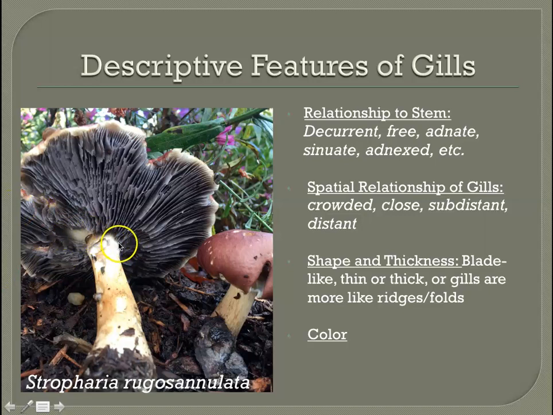Like this is an example of a gill that reaches all the way to the stem, and if we were to zoom in there, we would see that it's touching. And in other fungi, they could be free gills, where the gill never touches or reaches the stem in their growth pattern.